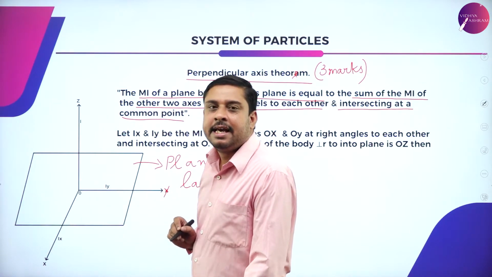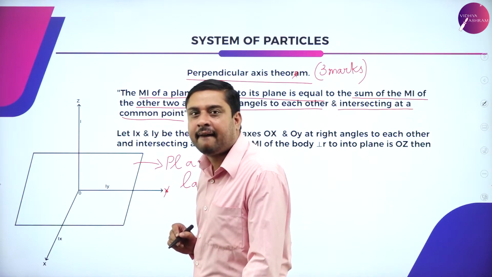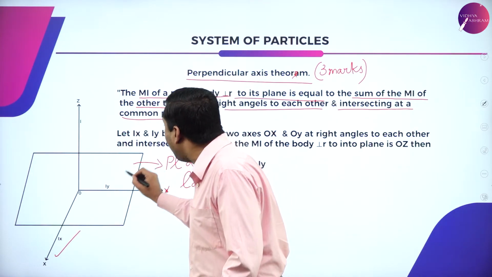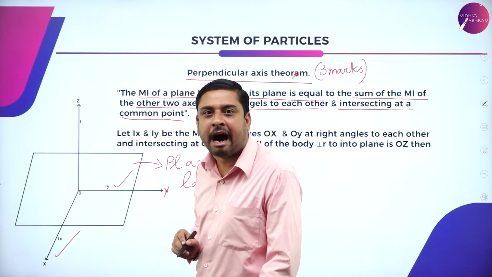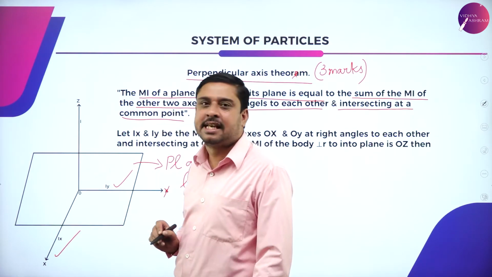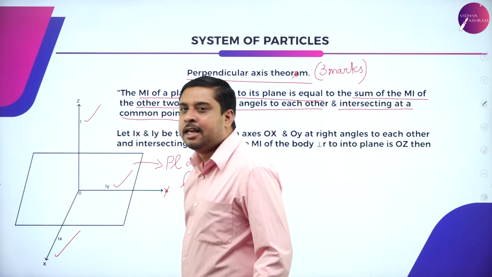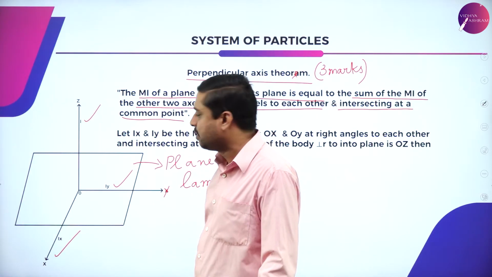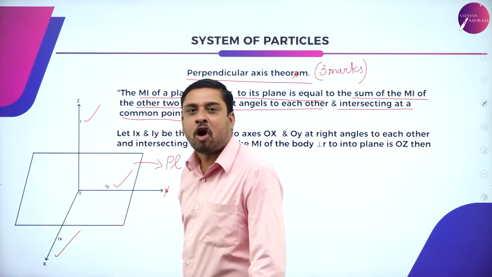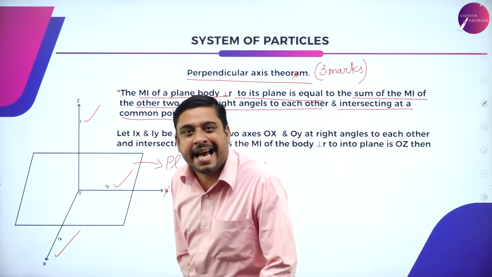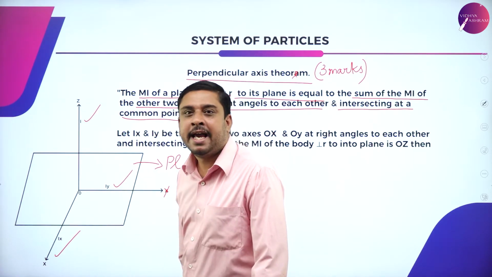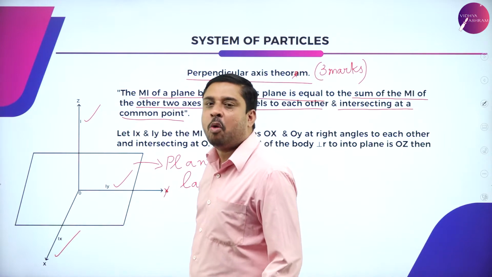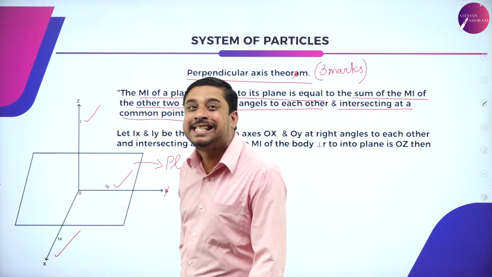Ix is the moment of inertia about this x-axis. Iy is the moment of inertia about the y-axis, and I is the moment of inertia about the z-axis.